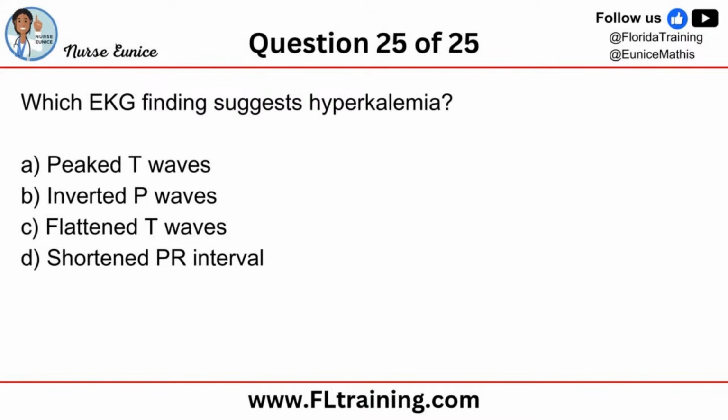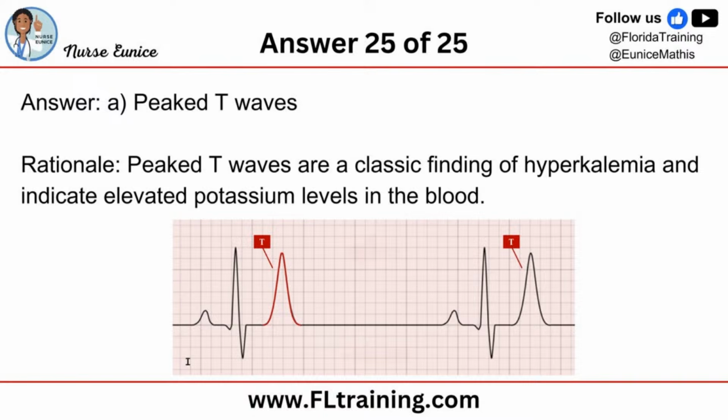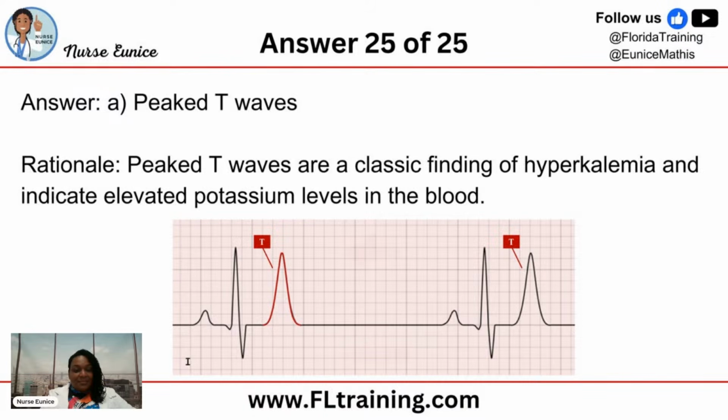I know all this is new material, but I see some of the correct answers, and most of you all have the correct answer. So if you chose A, those peaked T waves, look how far they are above the baseline. The T wave is almost as high as the QRS complex.